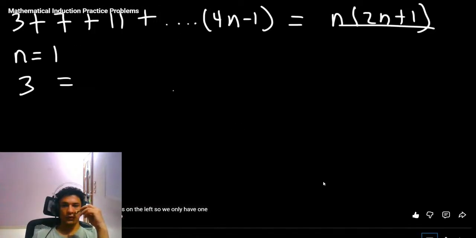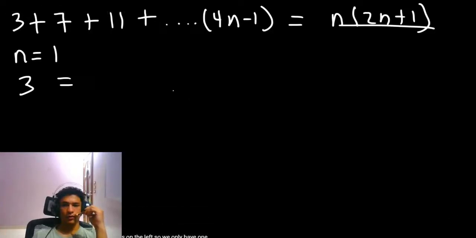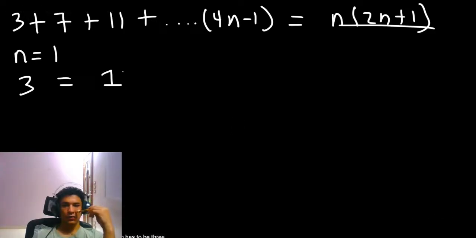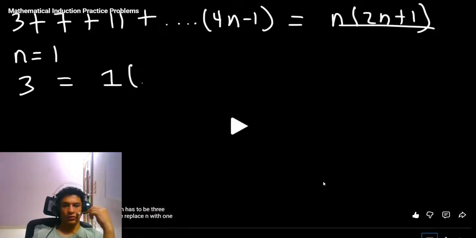So the number is also equal to one. So it's basically, why not though? Yeah, okay. So basically the first one. So hold on, one multiplied by equals.